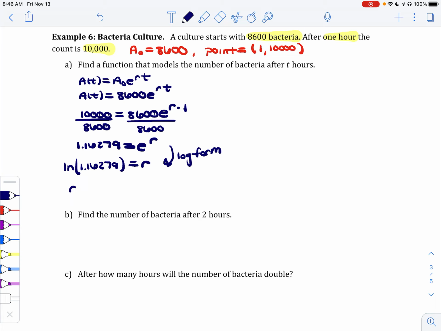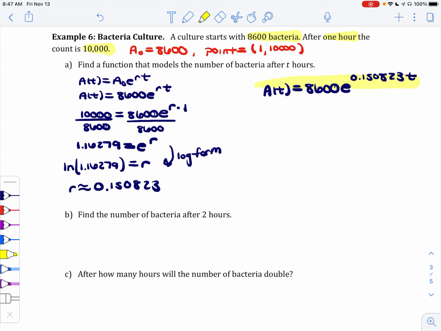Plug that into your calculator, and you get approximately 0.150823. So our final function here is A of t equals 8,600 times e to the power of 0.150823t. That is our answer for part A.